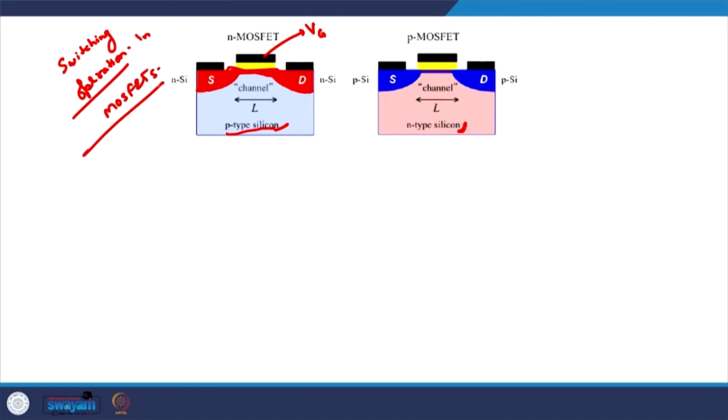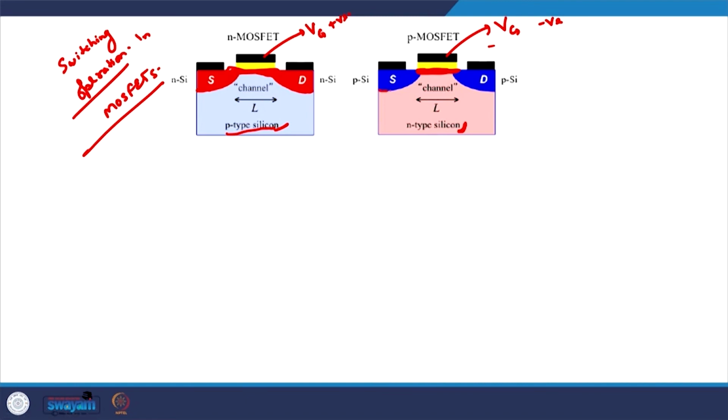Similarly, when the body is n-type silicon material, if we apply a negative voltage on the gate terminal, a very thin layer of the channel, or very thin layer of the body, will become positively charged, because it will attract a lot of holes towards it.